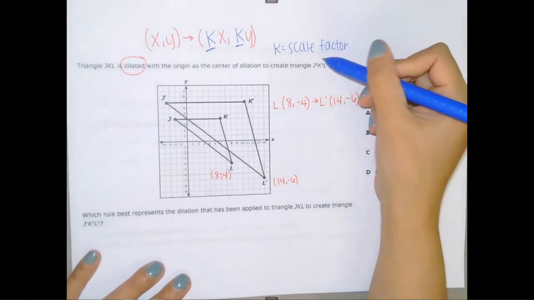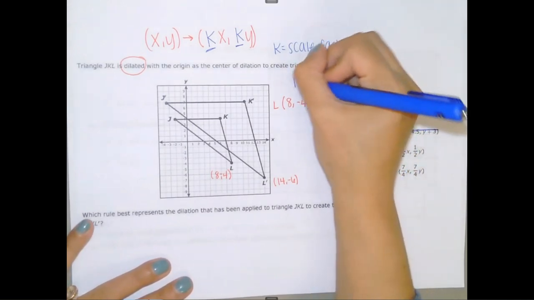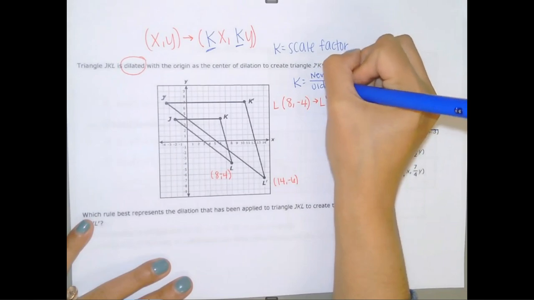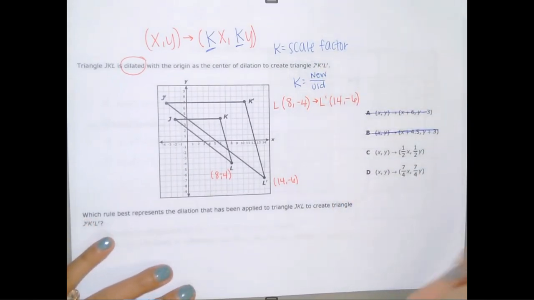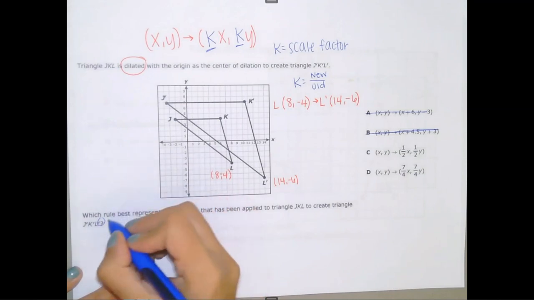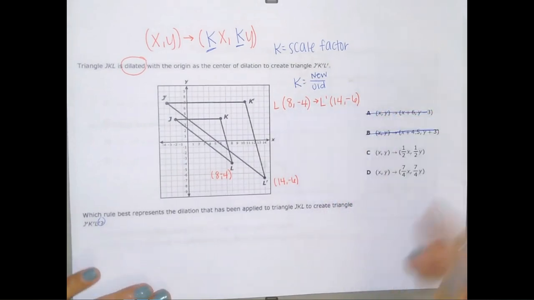Now, to find our scale factor, we're going to use our ratio of new over old. So remember that our apostrophe is called the prime, and that represents our new coordinate. So now I need to decide if I want to use X's or Y's.